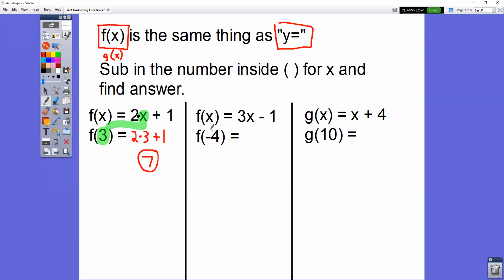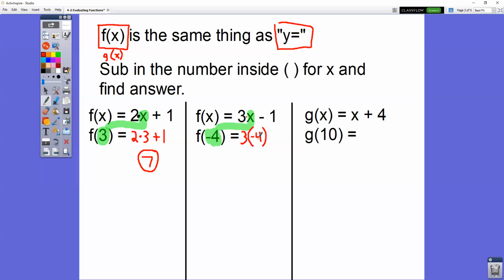So let's take a look at this second one. Again, what you're going to do is take the number that's inside the parentheses and sub it in for x. So instead of 3 times x, we have 3 times -4. Now, there's more than one way to write times. Some people do times using the dot, like I did in the first question. Some people use parentheses to mean times.